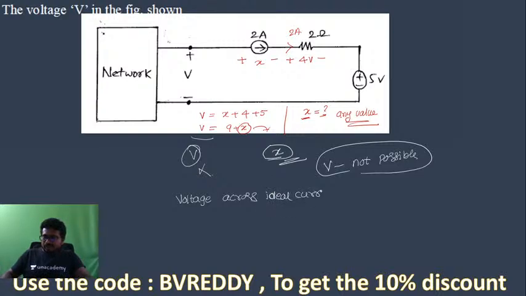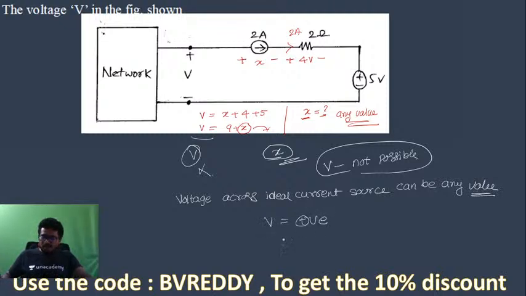How much is it? It can be any value. We don't know here. That will depend upon the interconnection of these elements. The voltage may be positive, may be negative, and even sometimes it may be 0 also.